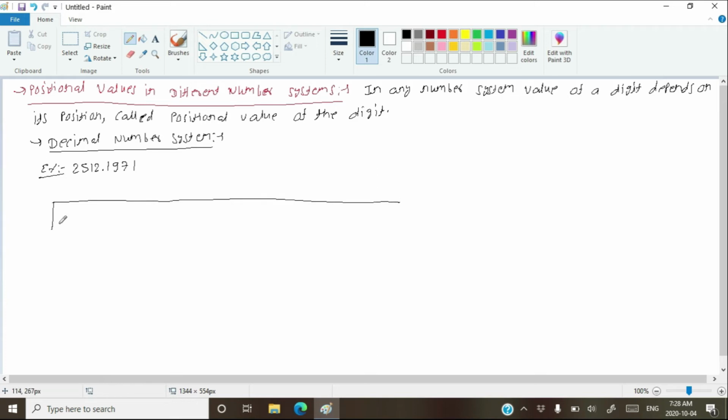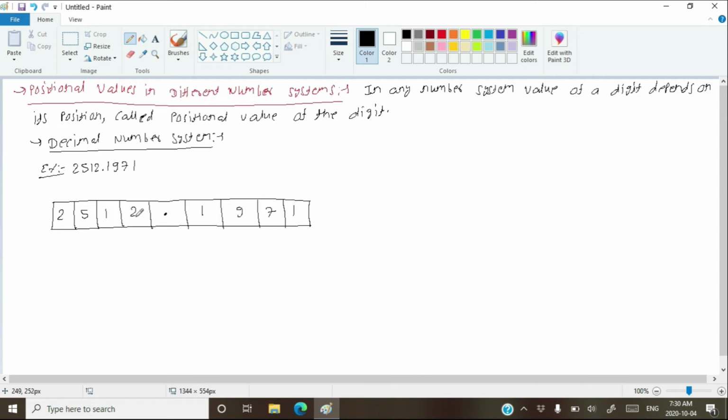We have a total of 8 digits, and if you include the dot, then we have a total of 9 symbols. So right here 2, right here 5, 1, 2.1971. This is the value we have, and this is the point.